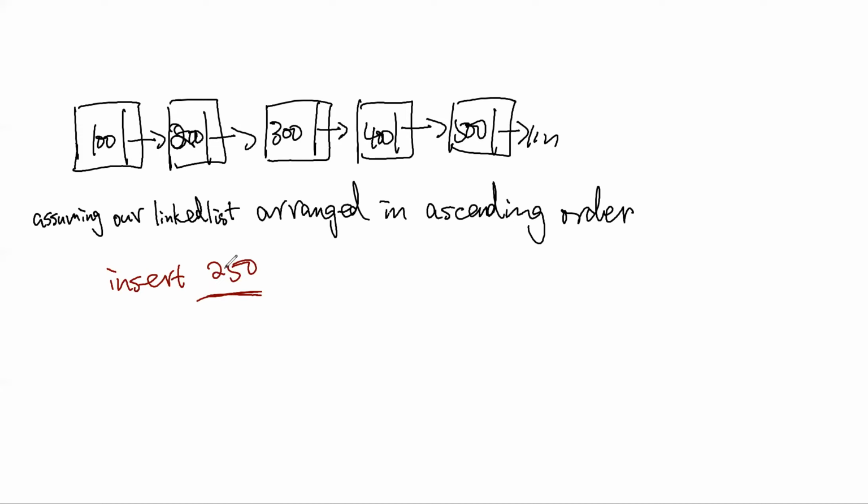So how do I do it? If you want 250 inserted in ascending order, then it should be between 200 and 300.